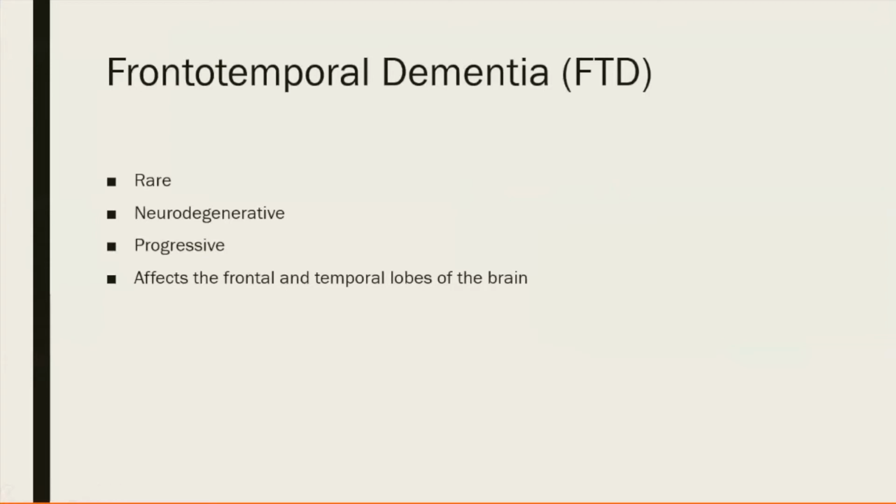All right, so frontotemporal dementia, commonly known as FTD, right? It's pretty rare. It only makes up 10 to 20% of dementia-related diagnoses, and it's probably very underdiagnosed. When we think about what it takes to diagnose something as FTD instead of a different dementia-related disease, it's really based off two things.